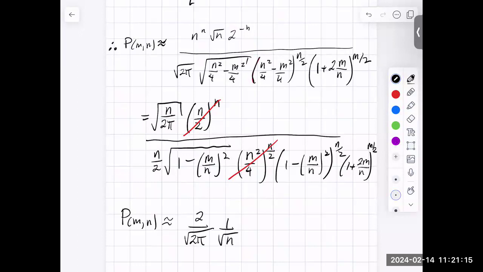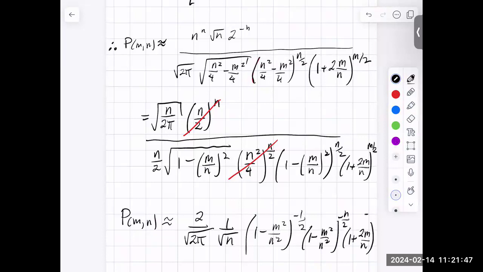We dealt with these things, so that's canceled, and we just have these 3 factors in the denominator. I'm going to write this as 1 minus m squared over n squared to the minus 1/2, which is the square root. Then this to the minus n over 2 and this to the minus m over 2. So: 1 minus m squared over n squared to the minus n over 2, times 1 plus 2m over n to the minus m over 2.